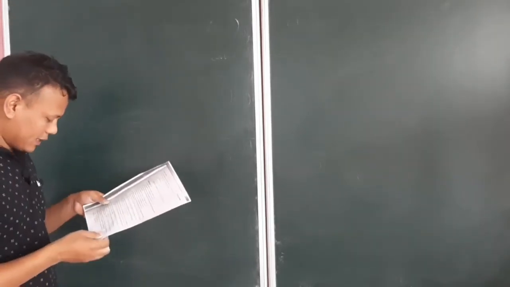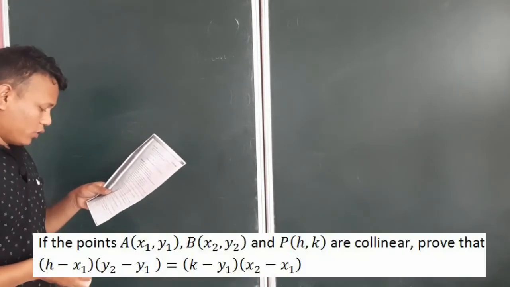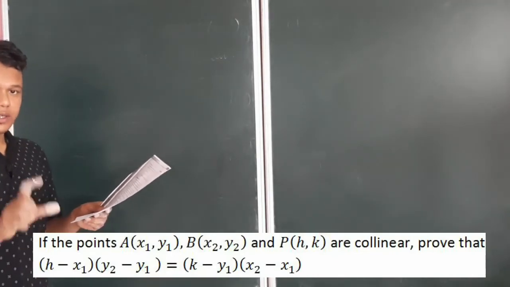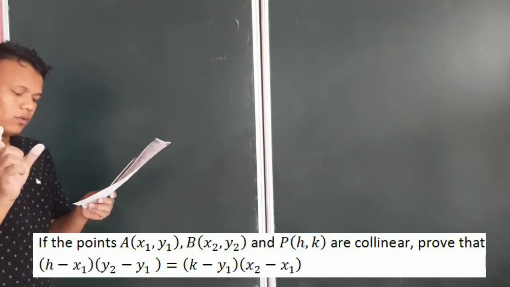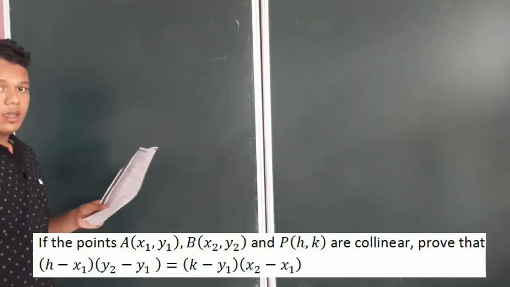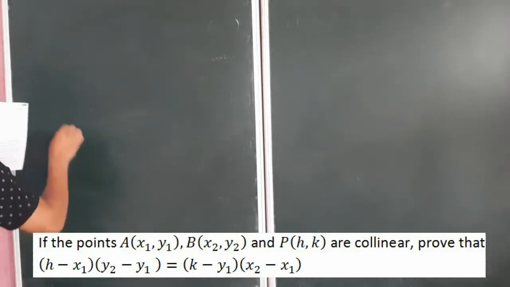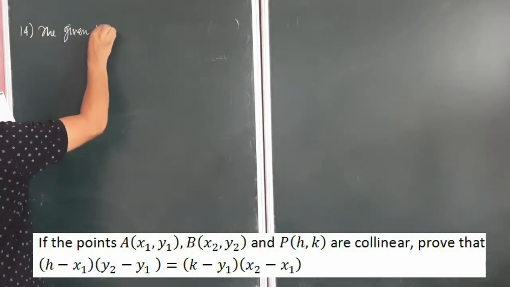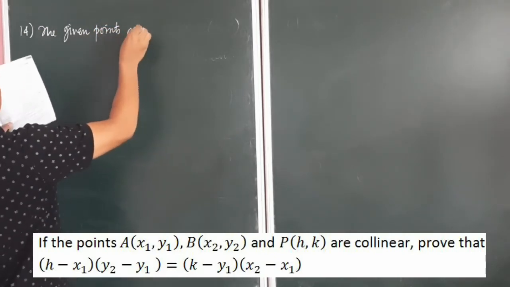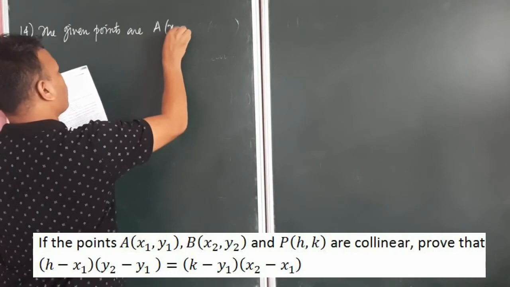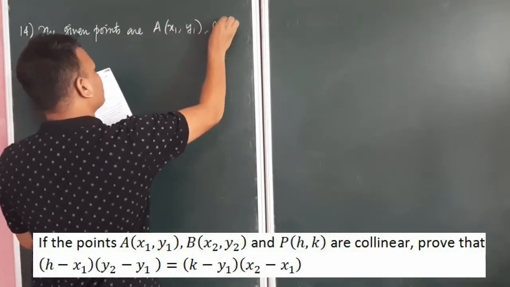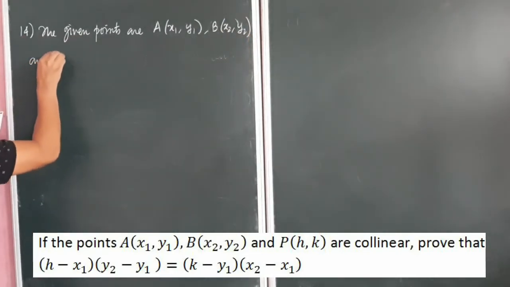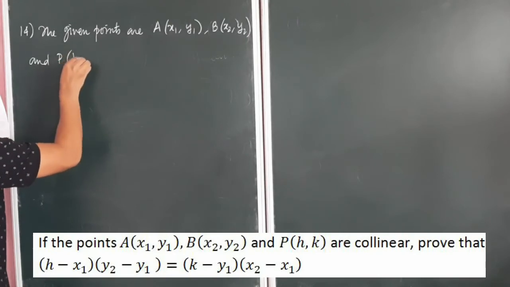Okay, so let me take the last question for you, that is question number 14. In question number 14, there are 3 points given to you and they are given to be collinear. So using that condition, I have to again prove one of the equations that is given to you. As you can see on your screen as well. Let me write, the given points are A, that is x1, y1, B, that is x2, y2 and P, that is h, k.